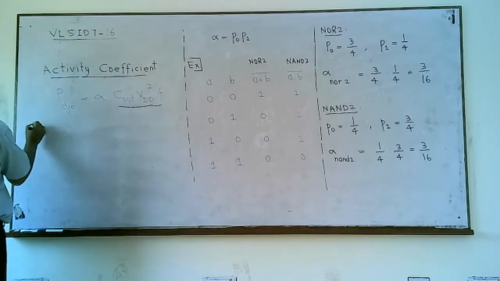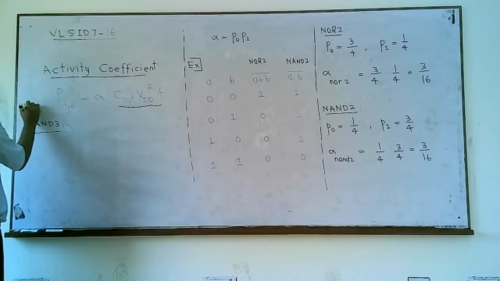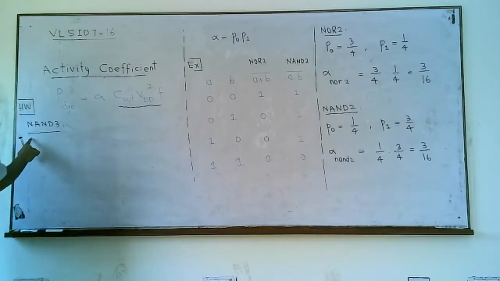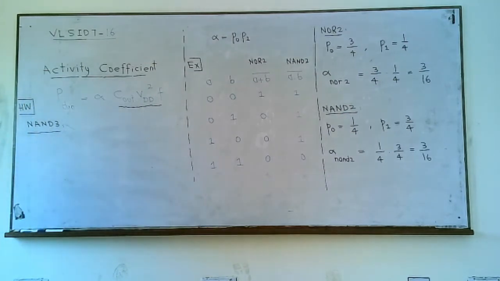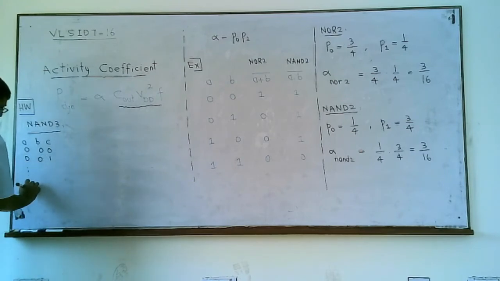For example, for our NAND 3, it's homework for students. Draw a truth table for NAND 3. A, B, C are the inputs: 0, 0, 0, then 0, 0, 1, and you keep on going until you reach 1, 1, 1.